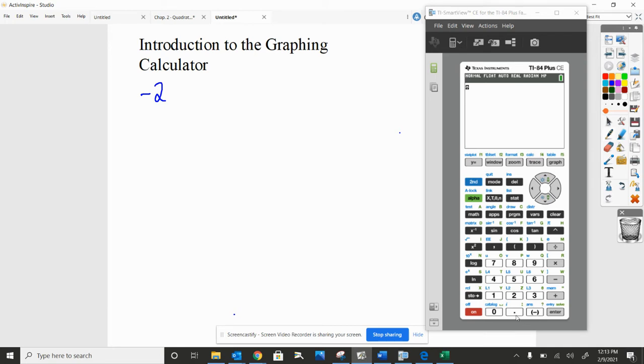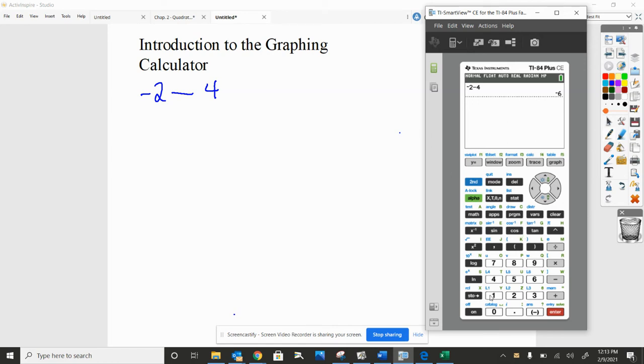Anytime in your head that you're saying minus, that is when you use the minus button. So when I read this out loud, it's -2. Oops, let me clear that out. -2 minus 4. Enter. If you input it incorrectly, it will kind of yell at you and tell you that there's an error.